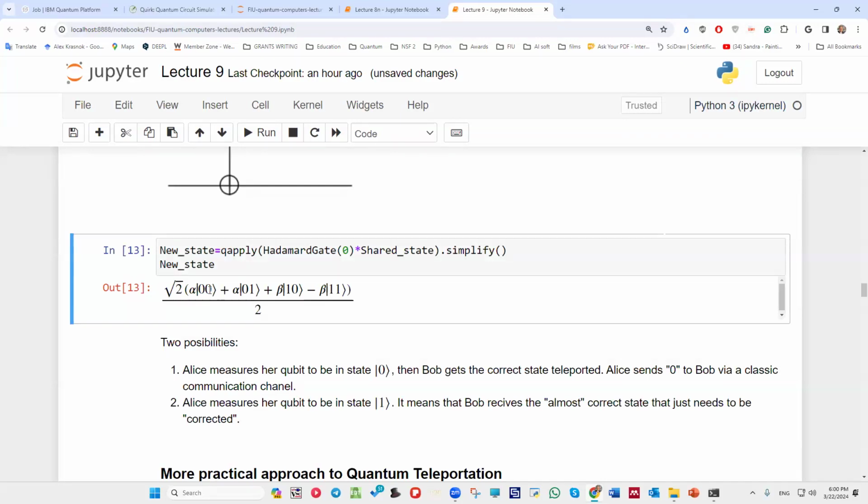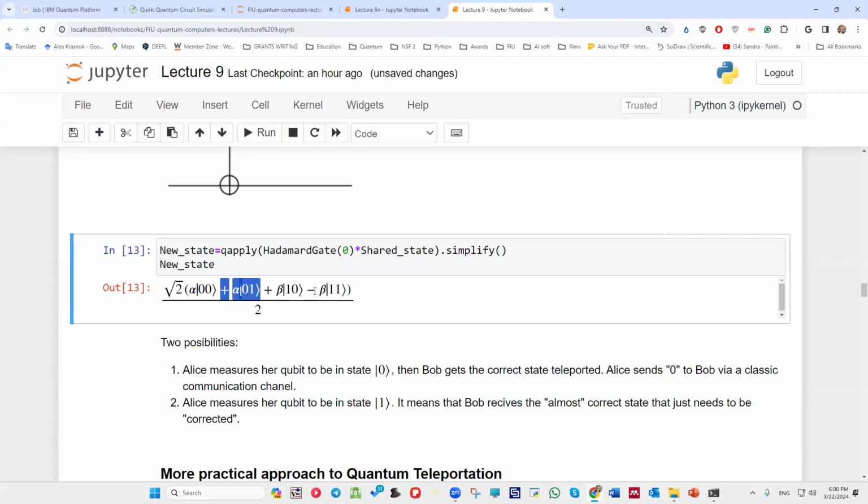So now, if she measures her qubit and, for example, gets state 0, there are two terms. If she measures 0, she gets this term and this one, because these two terms contain state 0 of Alice's qubit, which is the first one.